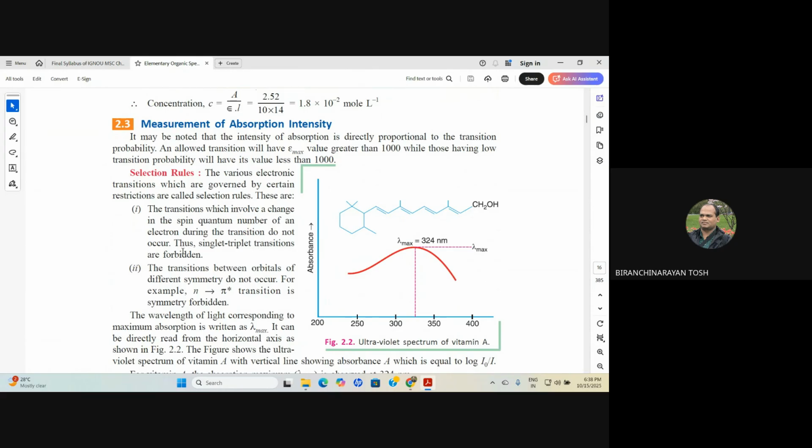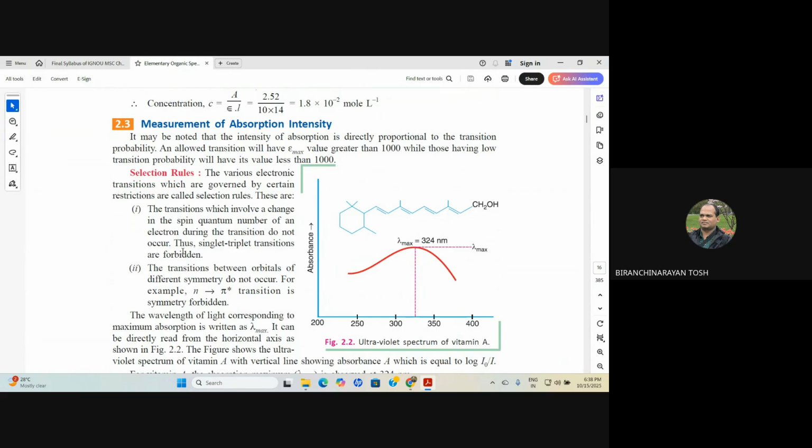Okay, that means for example, two electrons are there in the same orbital. Any orbital can accommodate a maximum of two, and these two electrons will be in opposite spin. If one is plus half, the spin of the other electron will be minus half.